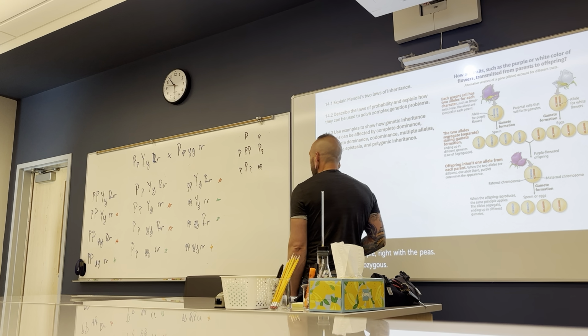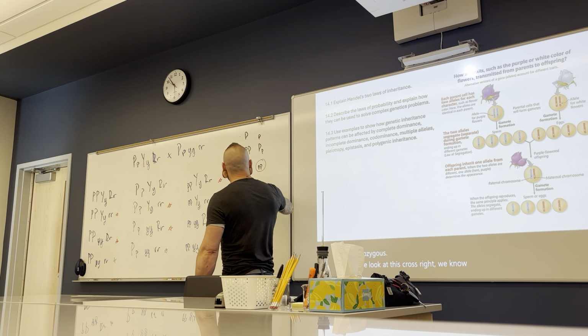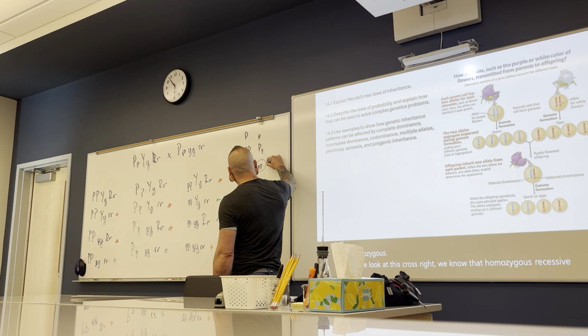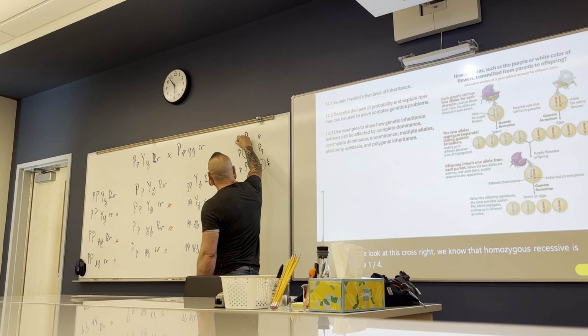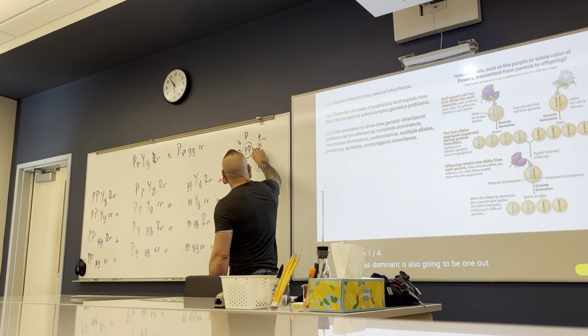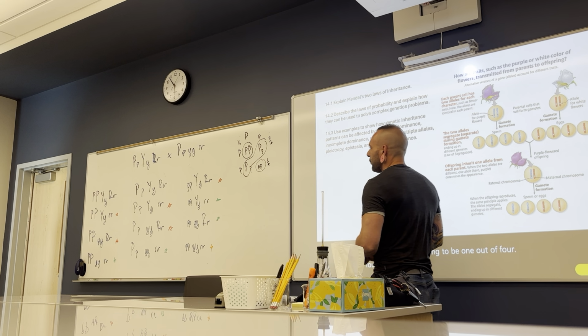So when we look at this cross, we know that homozygous recessive is going to be 1/4. Homozygous dominant is also going to be 1/4. Heterozygous, I think, is going to be 2/4, or 1/2.